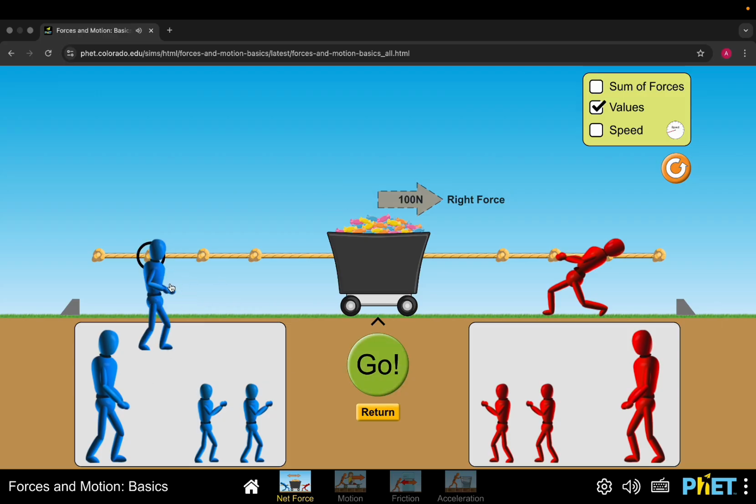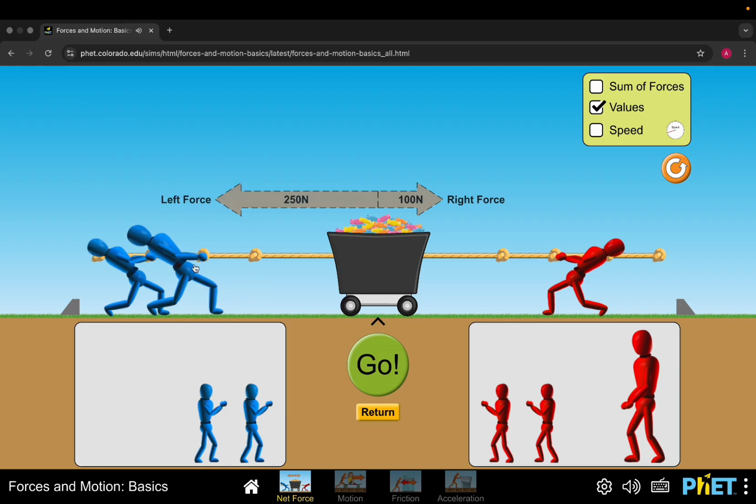But let's pause it and then let's apply a bigger humanoid. And as you can see, now there's 250 newtons going to the left and only 100 newtons going to the right. We can see this like a Cartesian plane.